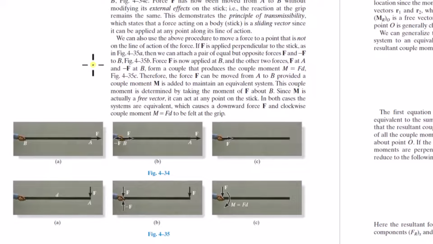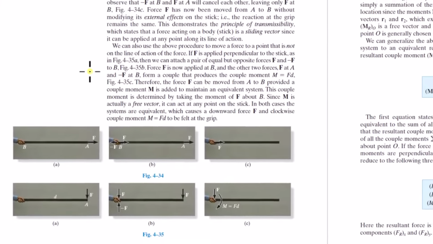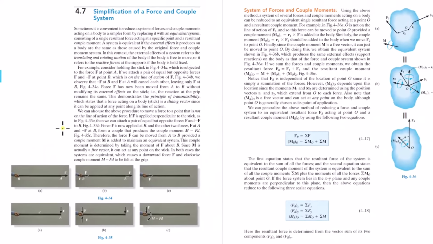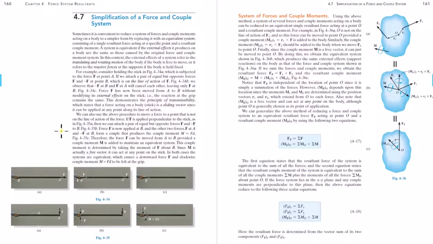Okay, now before we move on, let me backtrack and remind you of what we already know about moments and forces in terms of sliding vectors, fixed vectors. All forces are sliding vectors in rigid body mechanics. We also saw in the particle equilibrium chapter that if the lines of action of the forces meet at a point, you can slide those vectors to that common point, sum the vectors, and put the resultant force at that point.